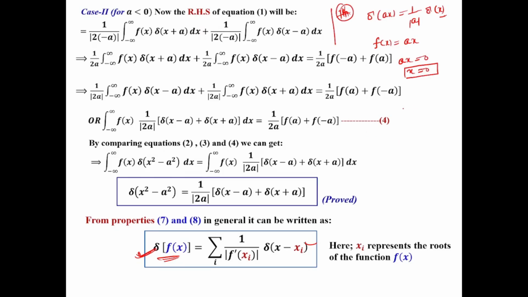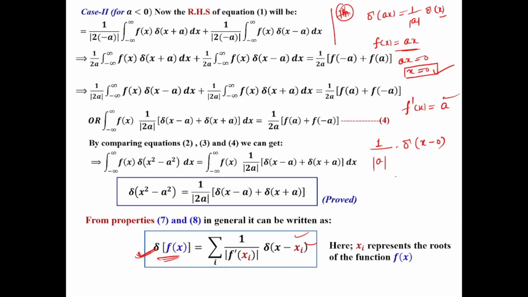Now consider f dash x. f dash x is a, since f(x) equal to ax. Now we have to write the summation over 1 by mod f dash, which is a, only one constant and its corresponding mod, into delta(x minus the root), here only one root, 0.